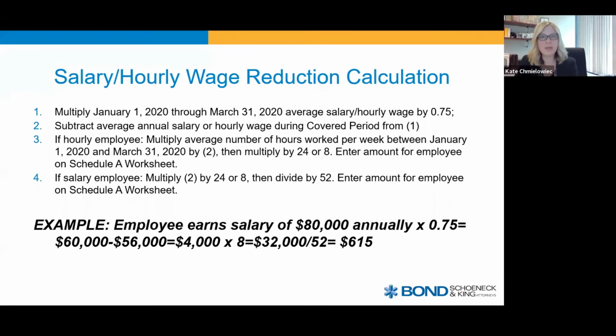That's number 3, except of course you'd be using the hourly wage instead of the average annual salary. So you're going to have to go through this for each employee. As you can see on the application, there's only a couple boxes there. So if you have extra employees, you can attach a separate Excel spreadsheet that has the same type of boxes and calculations in it. Next slide, please.